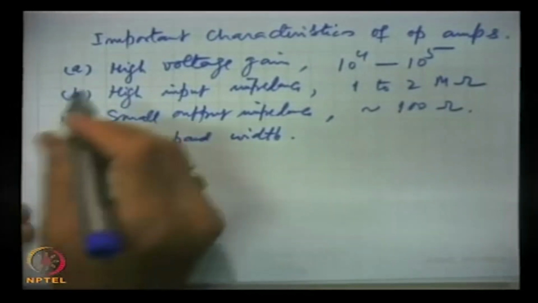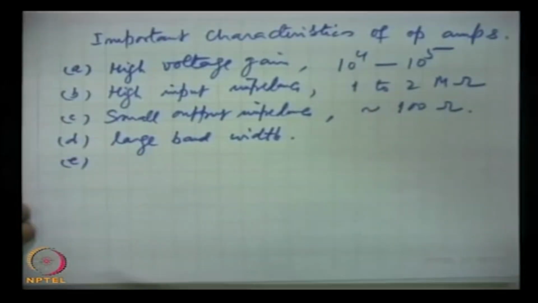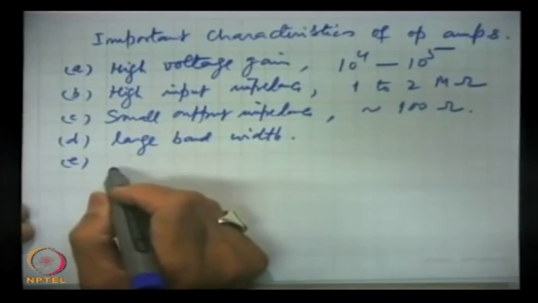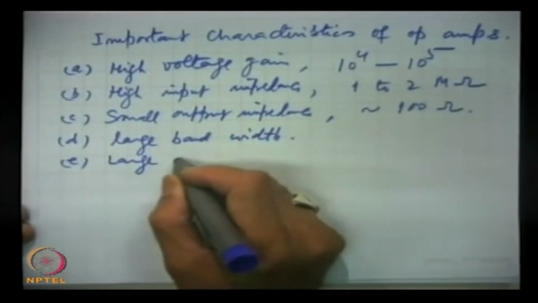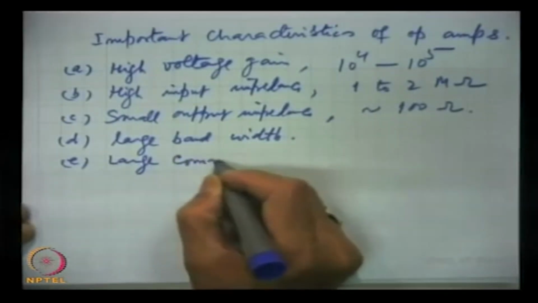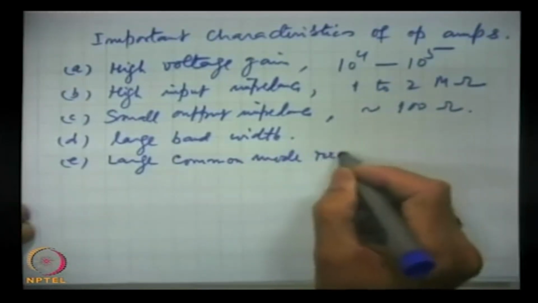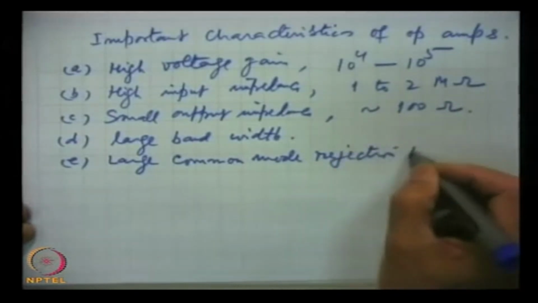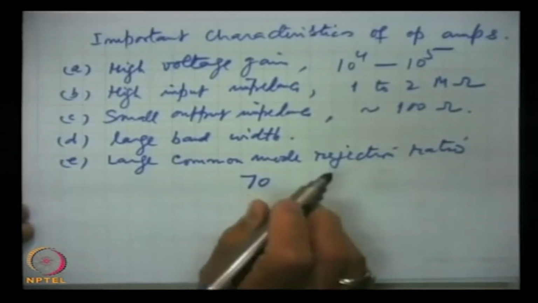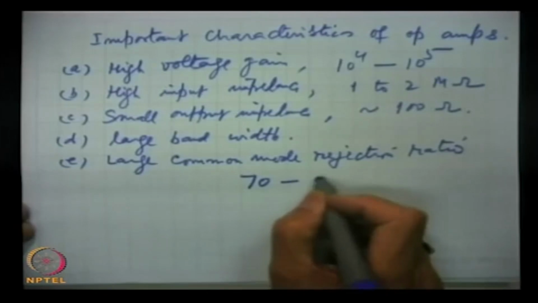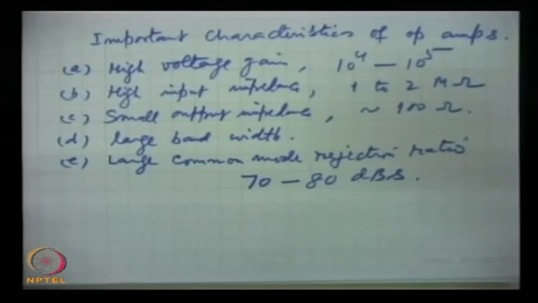And the next is large CMRR, common mode rejection ratio, and because this is expressed in dBs, it is 70 to 80 dBs for most of the op amps.